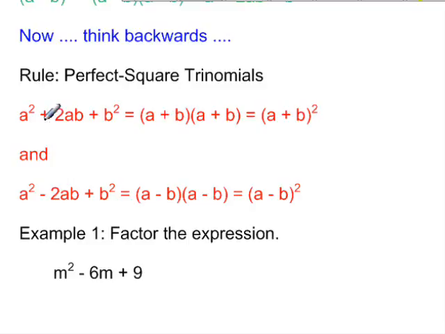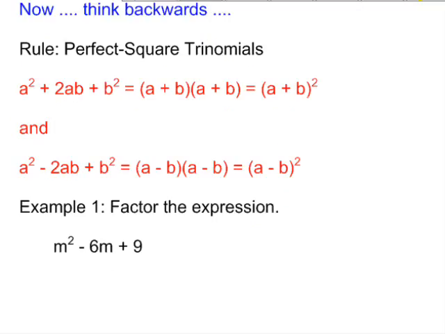We have a positive sign here, so we know we have plus and plus, which ends up being a plus b squared. And the same idea here, except we have a negative here, so that means we take a minus b times a minus b. Now obviously every problem is not going to have a 2 in it and split up into factors in the middle, so we have to look for those forms. We have to make sure that it's in that form.